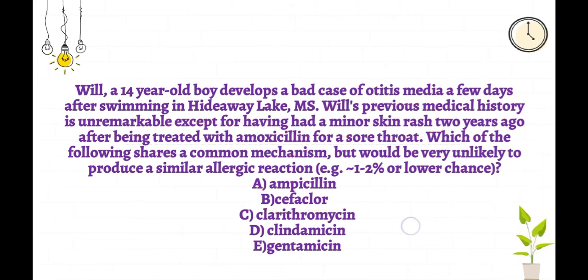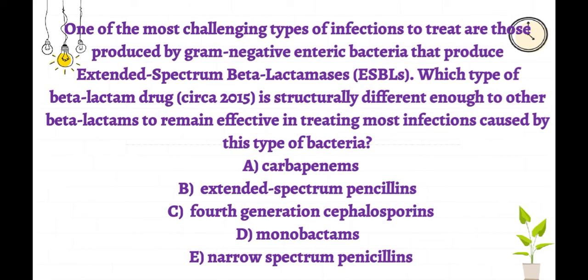So next question. One of the most challenging types of infection to treat are those produced by gram-negative enteric bacteria that produce extended spectrum beta-lactamase, ESBLs. Which type of beta-lactam drug is structurally different enough to other beta-lactams to remain effective in treating most infections caused by this type of bacteria?